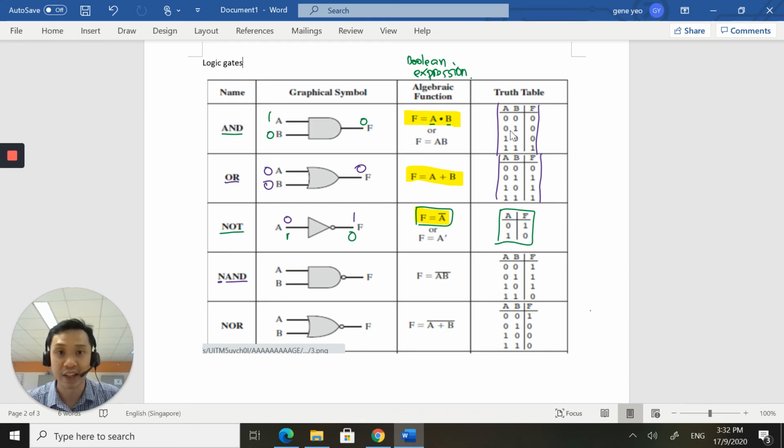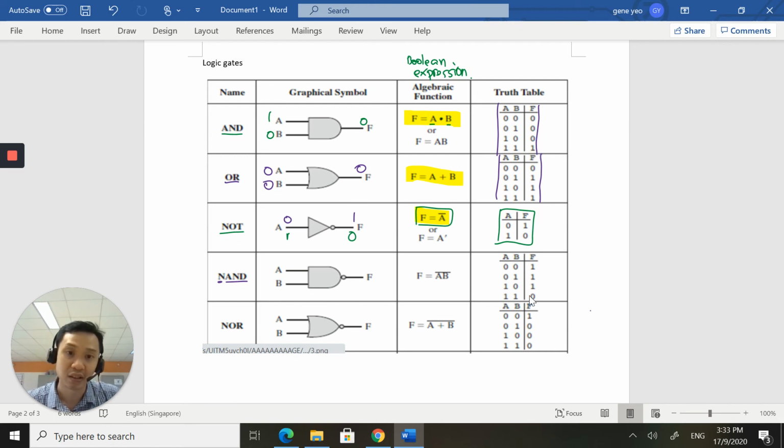So if you look here at an AND gate, 0, 0 is 0. If you look at a NAND, 0, 0 gives a 1. It's the opposite. 0, 1 gives a 0 for an AND, but the NAND gives a 1. 1, 0 gives a 0, but the NAND gives a 1. 1, 1 for an AND gives a 1.